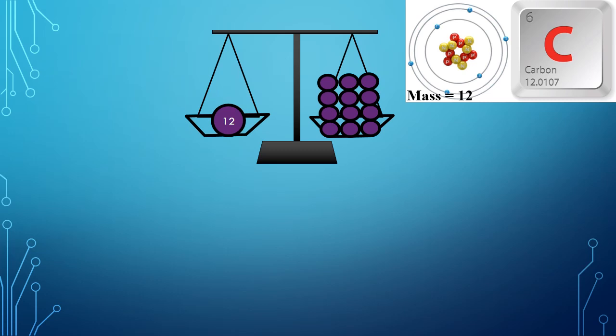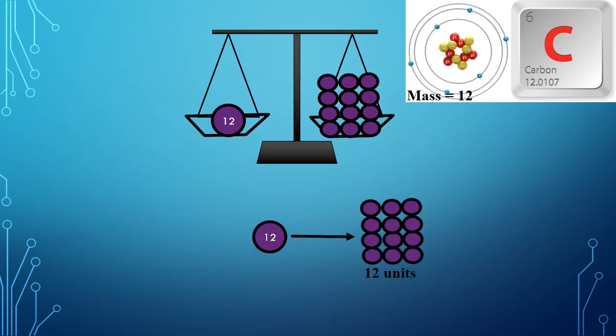Now we can say that a single atom of carbon has 12 units. In simple words, there are 12 units in a single carbon-12 atom. Now we will use these small units of carbon as standard units for comparing masses of other elements.